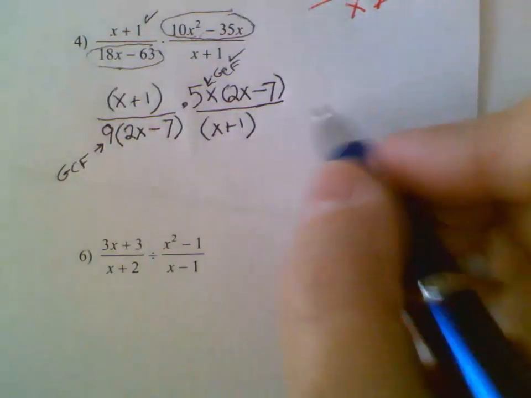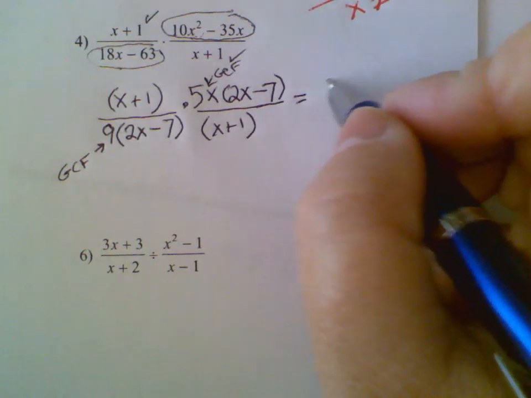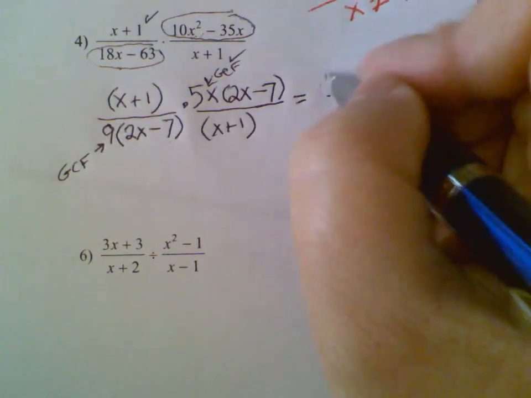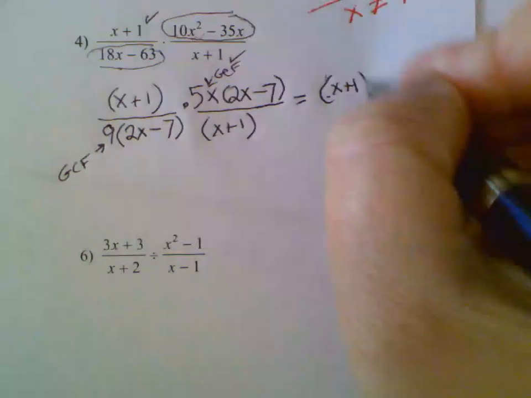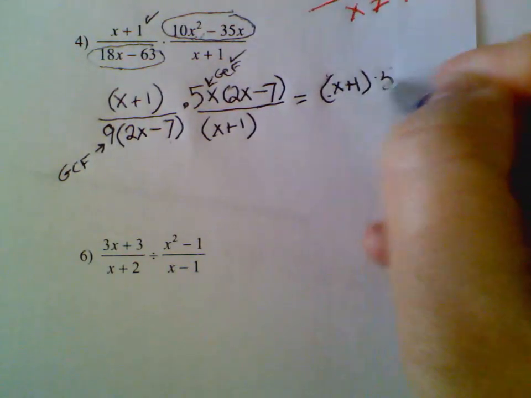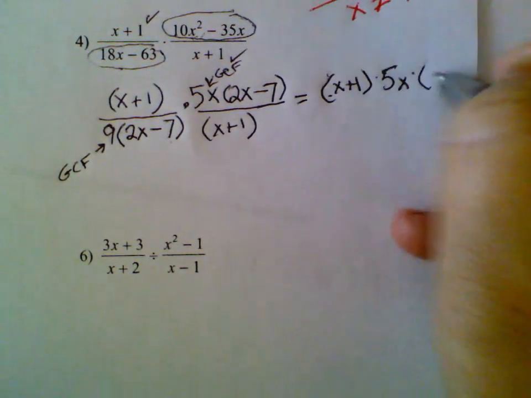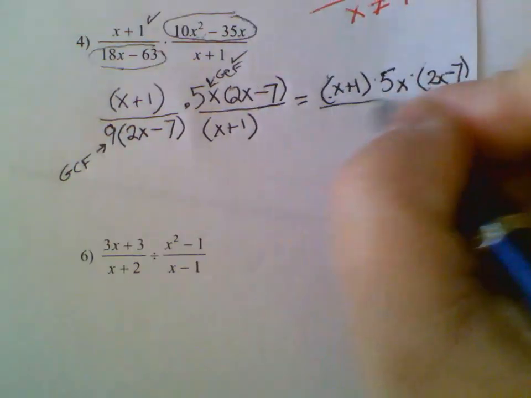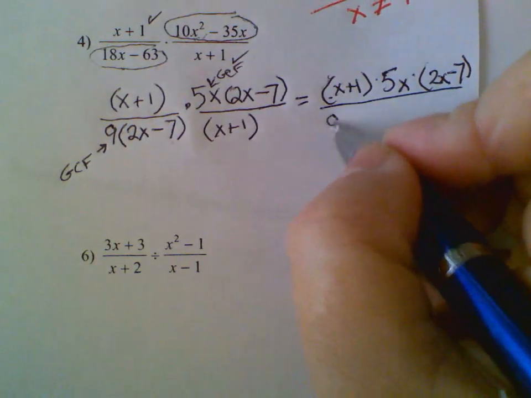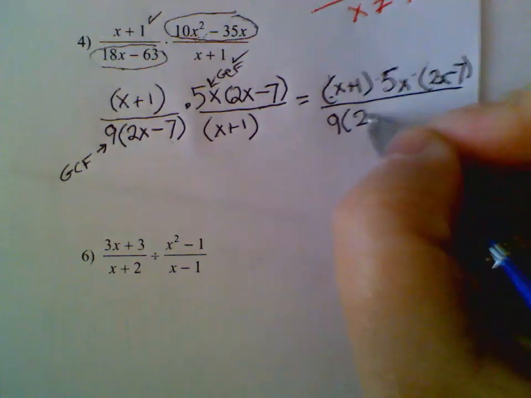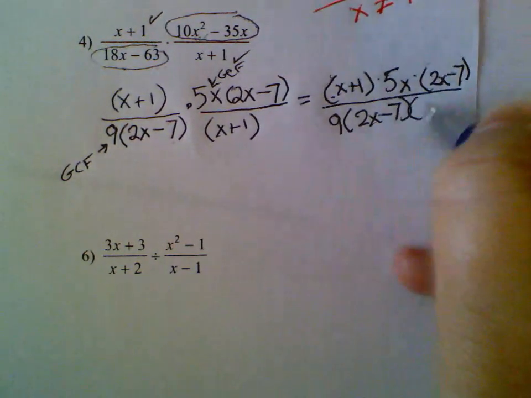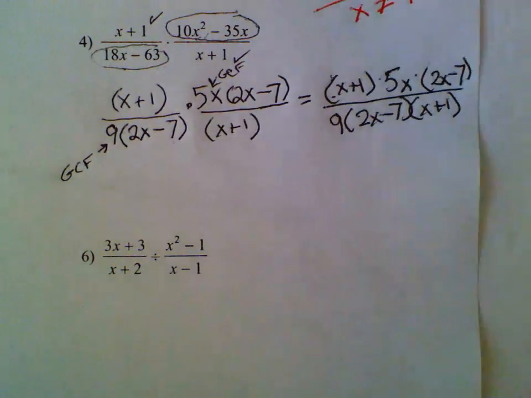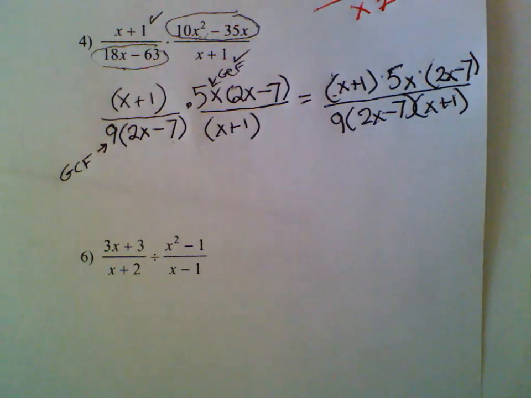All right, so when we're multiplying fractions, we just multiply the numerator. So x plus 1 times 5x times 2x minus 7. And we multiply the denominators. So 9x times 2x minus 7 times x plus 1. All right, so now we have one fraction with a bunch of factors.